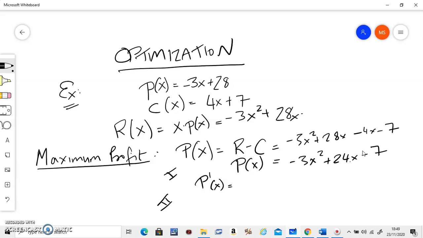The question is to find maximum profit, so you differentiate the profit function, which is negative 6x plus 24, and make it equal to 0, and solve for x. If you solve for x, you get x equals 4. At this point, we don't know if this is a relative max or relative min. This point is called the critical point.